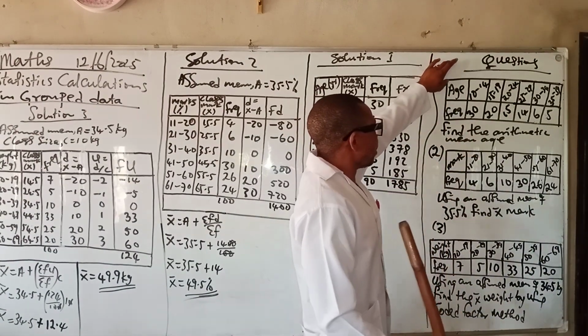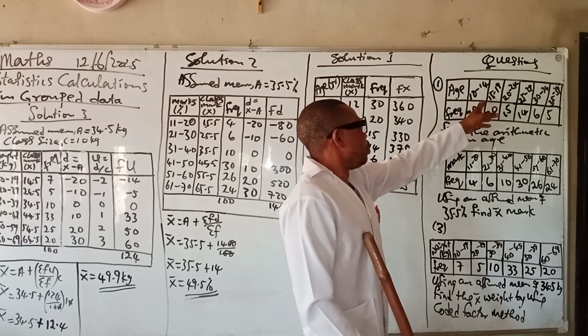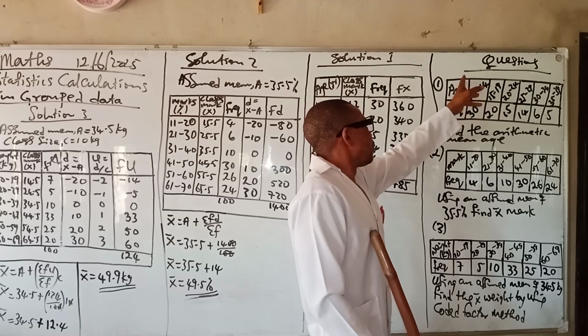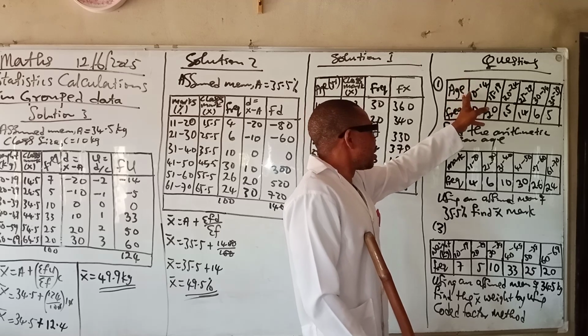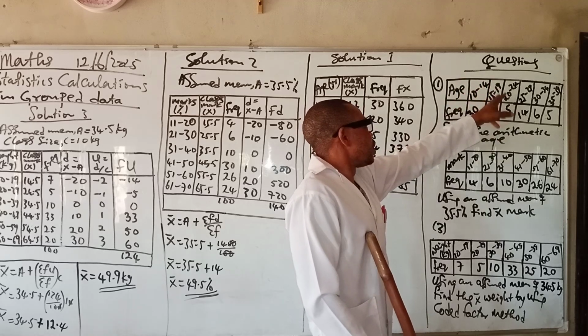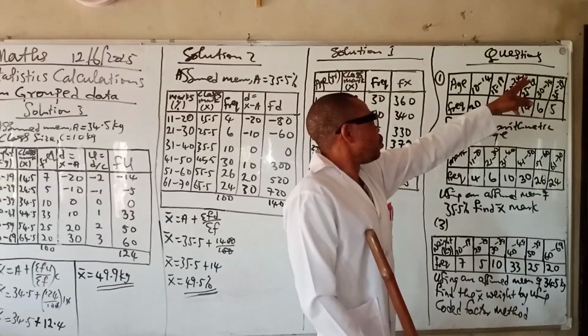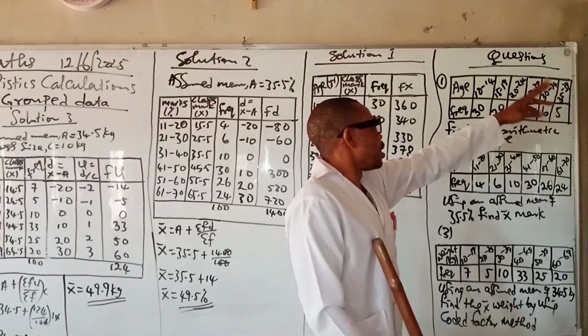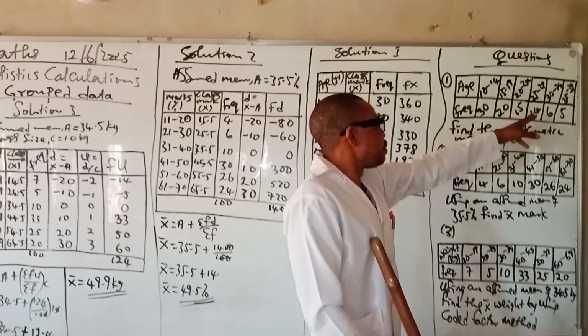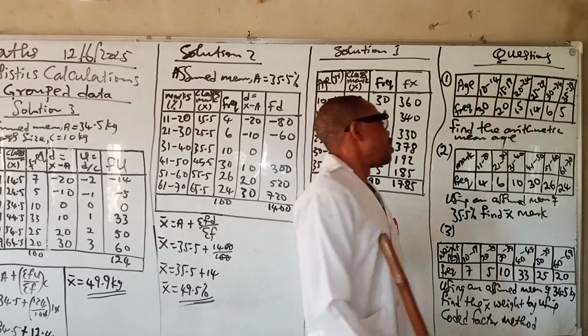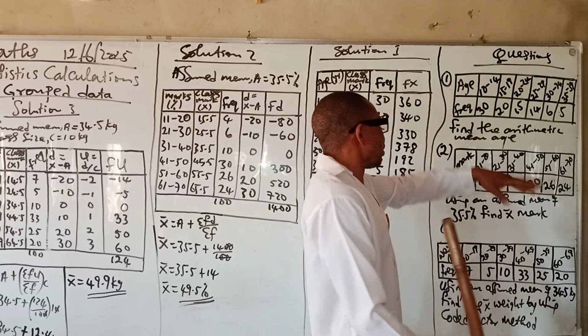The first one, we have a table here. The column here is age: 10 to 14, 15 to 19, 20 to 24, 25 to 29, 30 to 34, 35 to 39 years. These are the arrangement of years in this question.